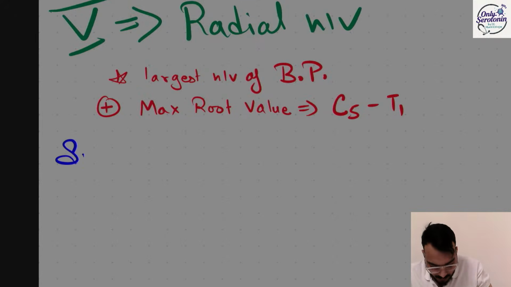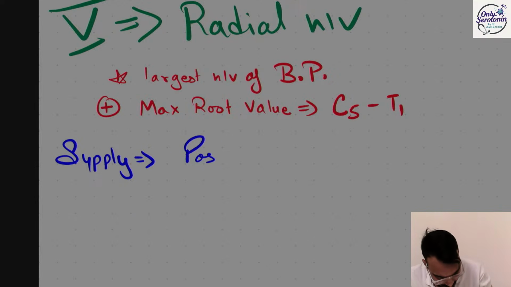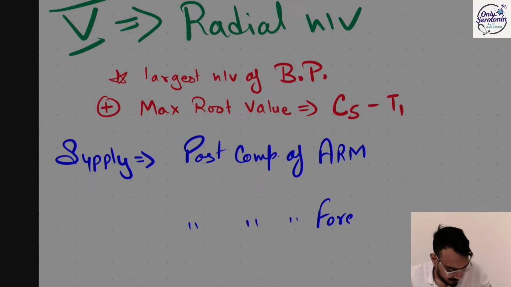What is it supplying, guys? It supplies the posterior compartment of the arm as well as the posterior compartment of the forearm, right?